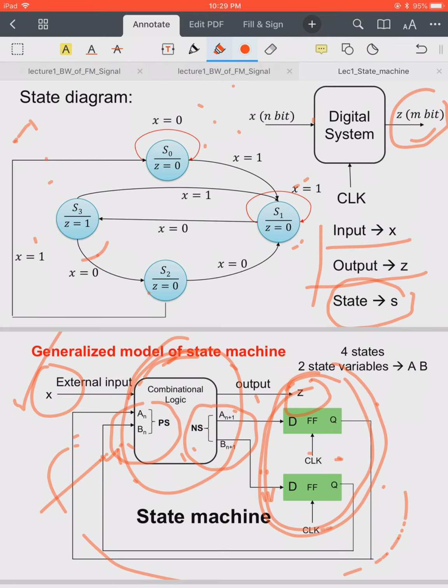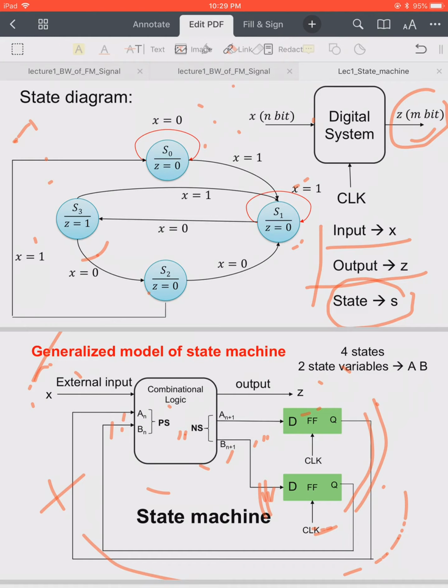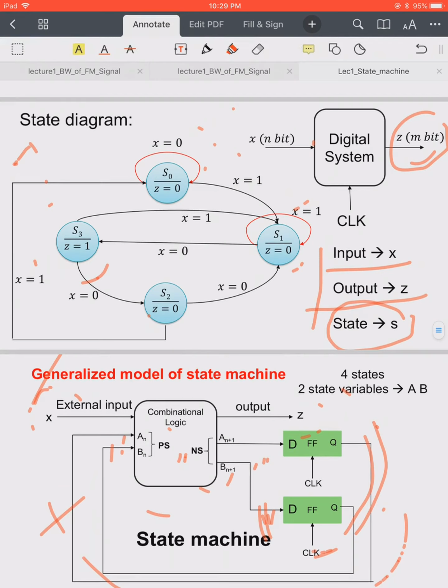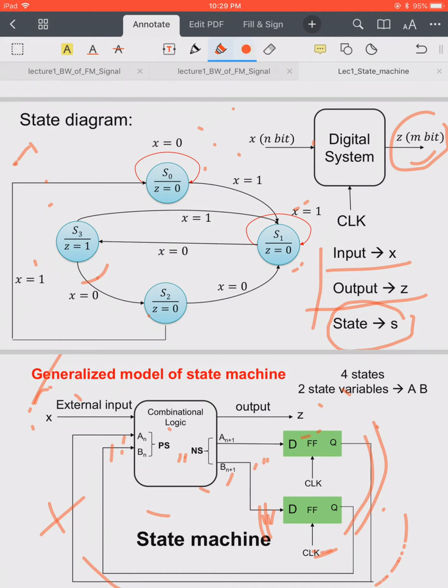So this is a generalized model. But again I am saying, the external input and output are optional. For this state diagram, this is fine.